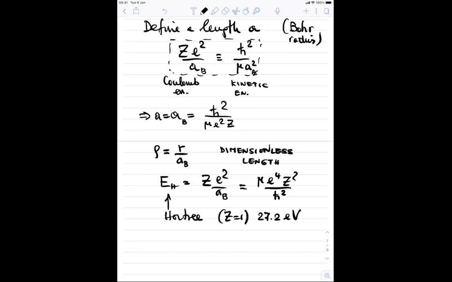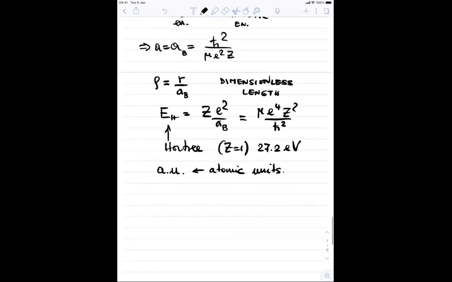So sometimes in the papers, you will find the abbreviation AU, which stands for atomic units. Atomic units are the units in which lengths are measured in terms of the Bohr radius and energies in terms of the Hartree. So these are the dimensionless variables that you need.